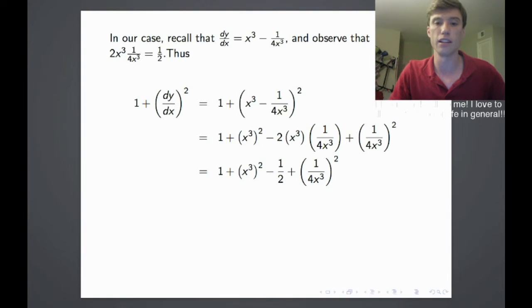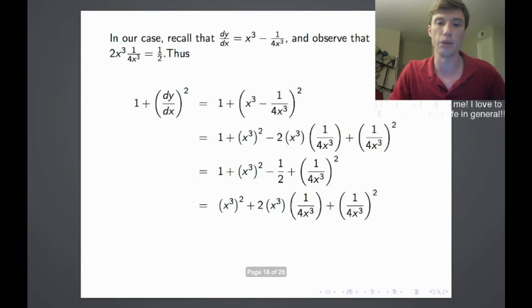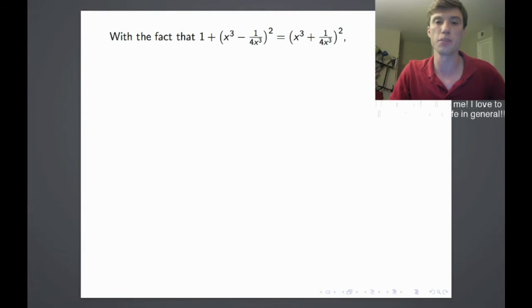This is equal to half, and we replace it with 2ab. Now we have a perfect square, and we can simplify this expression to (x cubed plus 1 over 4x cubed) squared. This algebraic trick allows us to solve the integral.